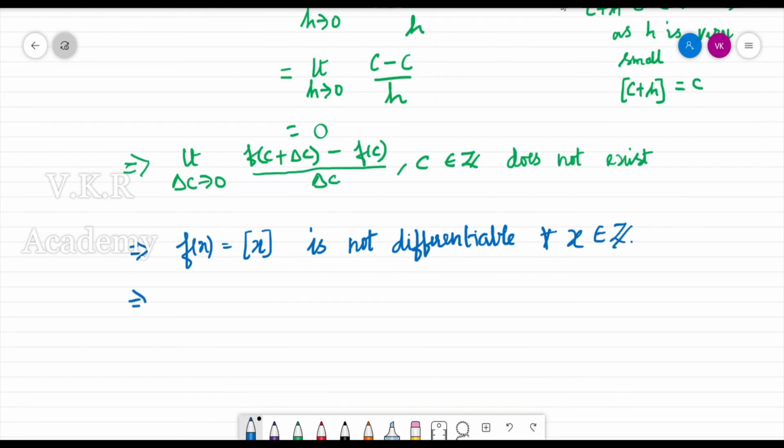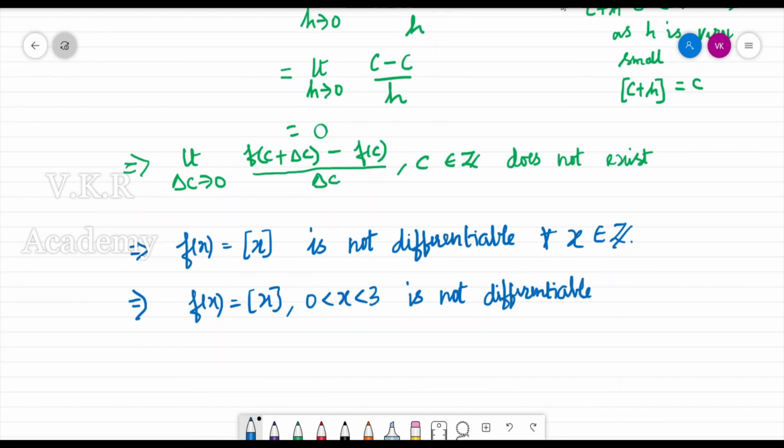So this implies f of x is equal to greatest integer function of x for 0 less than x less than 3 is not differentiable at any integer value in that interval. The integer values in this interval are x equal to 1 and x is equal to 2. Hence the proof.